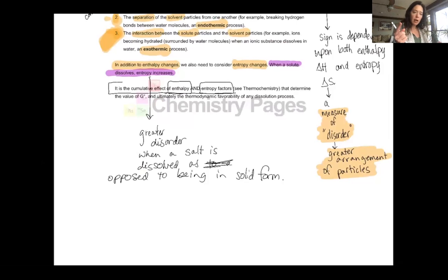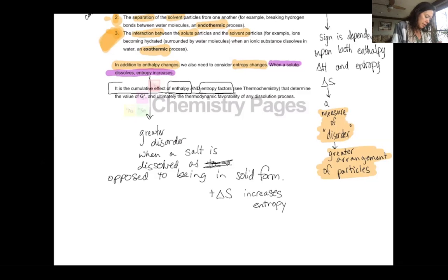So we have the separating of the solute, the separating of the solvent, the combining of the solute and solvent, and the factor of whether or not this increases or decreases entropy. And in fact, it does increase the entropy. All right. And that's a positive delta S.